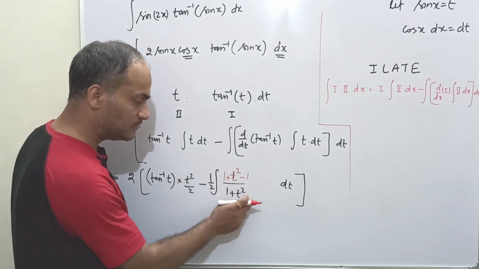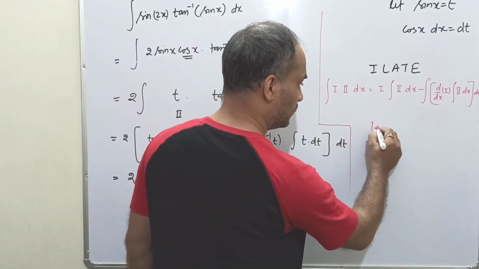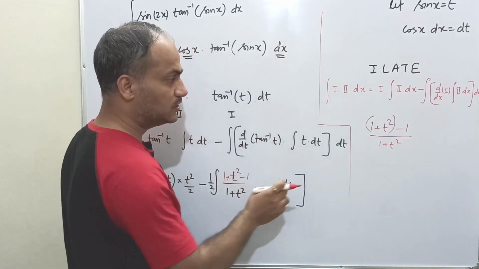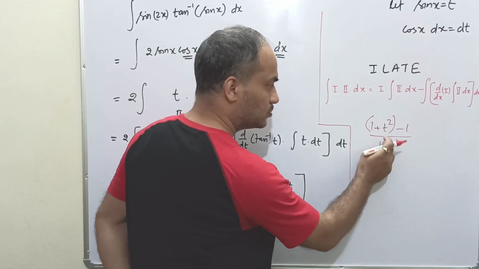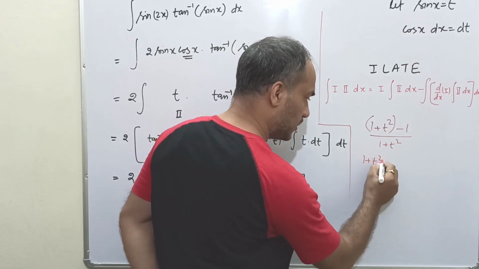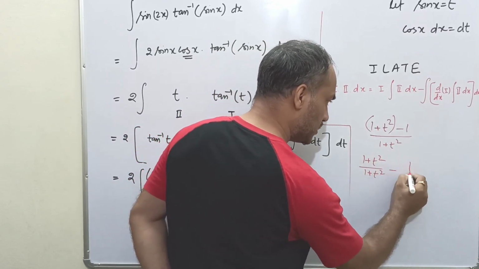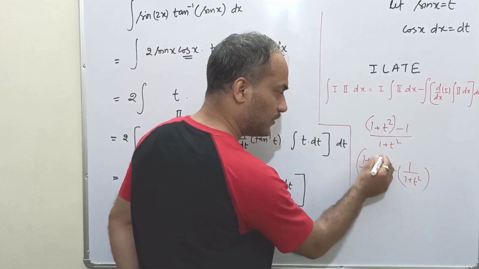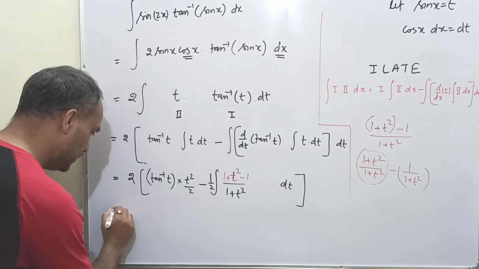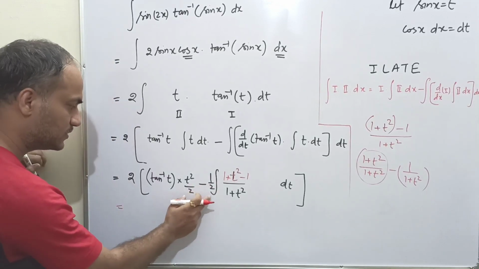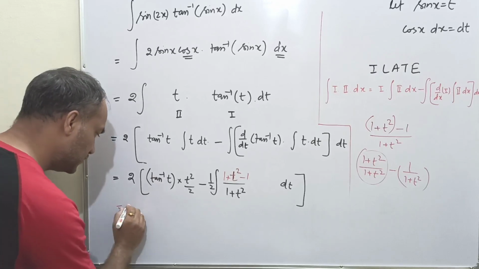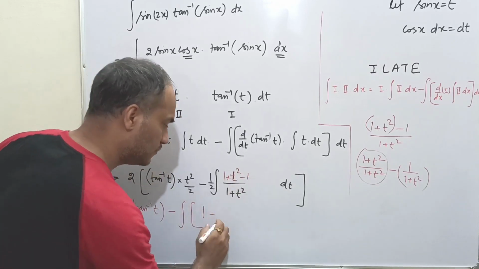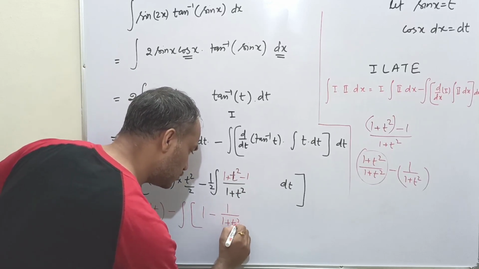So we simplify this expression as 1 plus t square minus 1 upon 1 plus t square, which is 1 plus t square upon 1 plus t square minus 1 upon 1 plus t square. This will give us 1. So we can write this integral in the next step: the 1 upon 2 at two places will cancel, and we get 1 minus 1 upon 1 plus t square.